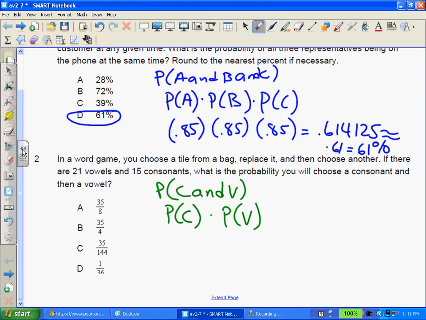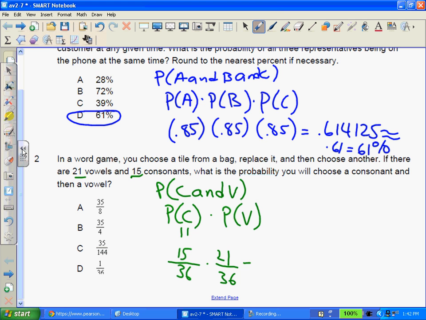Well, the probability of choosing a consonant is 15 consonants out of a total of 15 plus 21, or 36 letters. And the probability of choosing a vowel is 21 over 36.